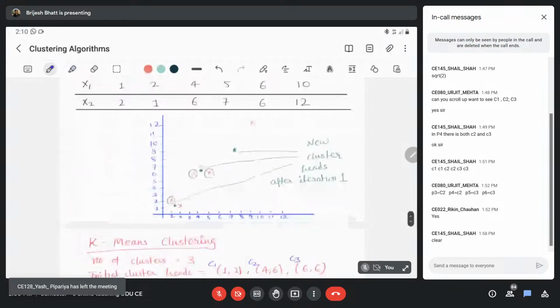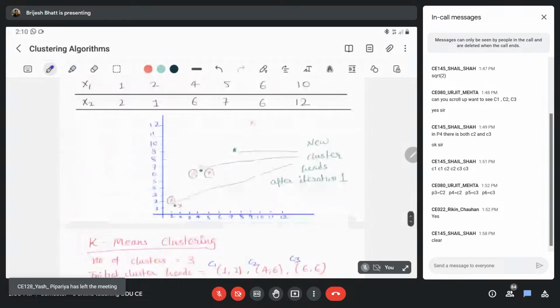That is 15 by 3, that is 5, comma, 9 by 3. And C3 has only 1 point, which is the cluster head, 10, comma 12. Right? Iterate one more time, but it will not change the assignment.